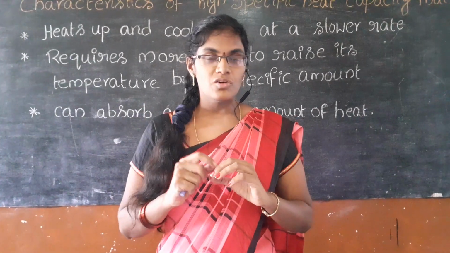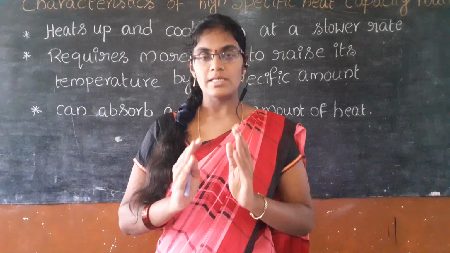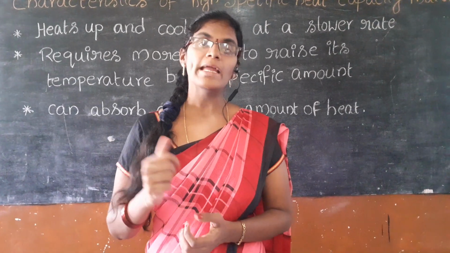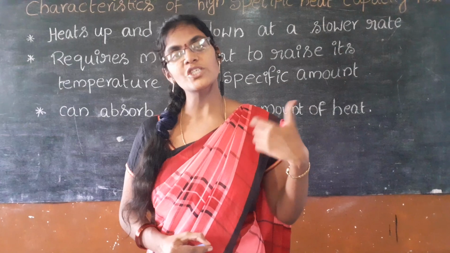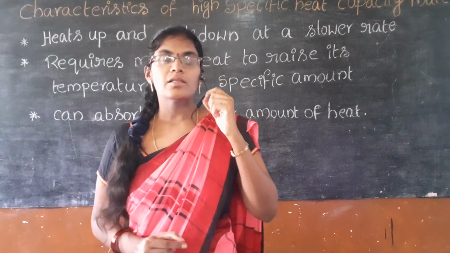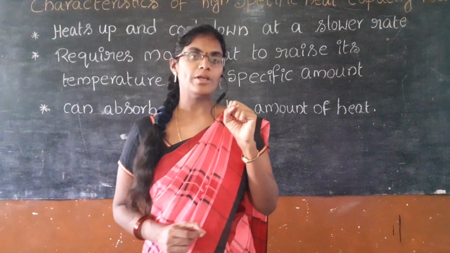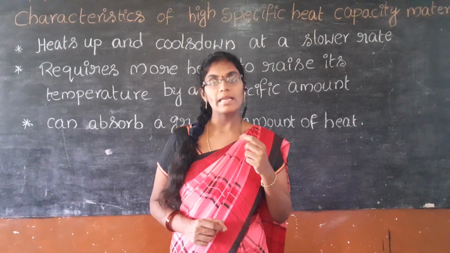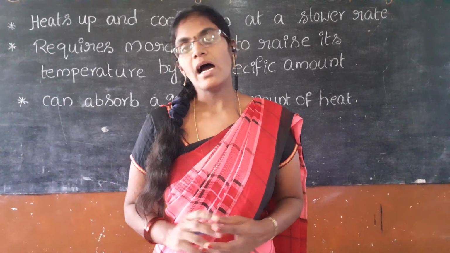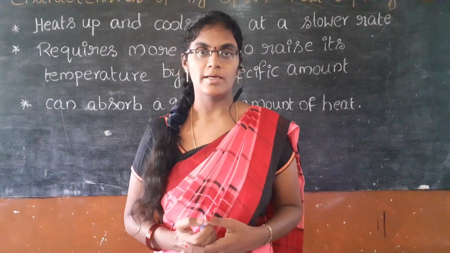Our next example is, the sun delivers a lot of heat energy to the earth every day. On earth, the water sources, especially oceans, absorb a large amount of heat energy without appreciable rise in temperature, because of the high specific heat of water.